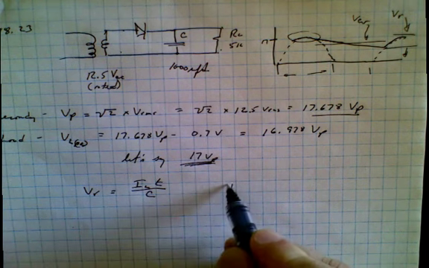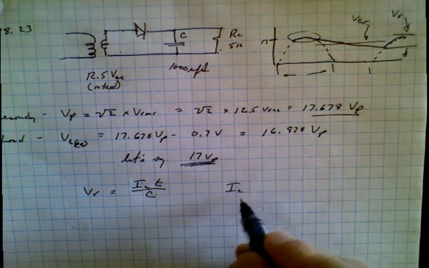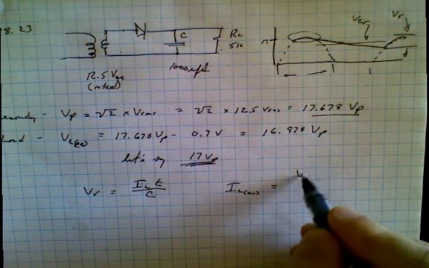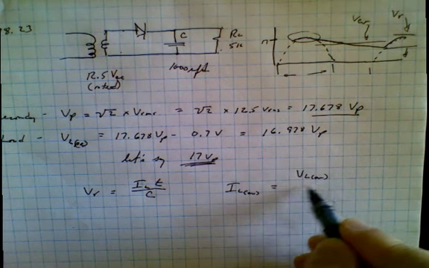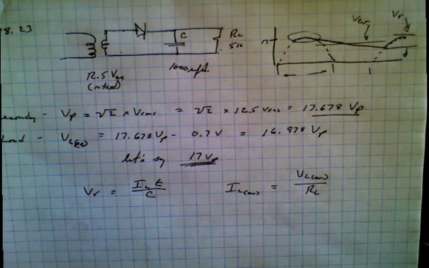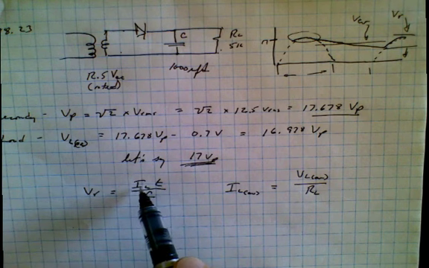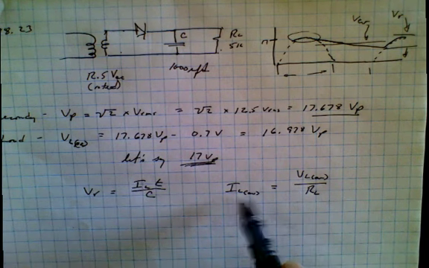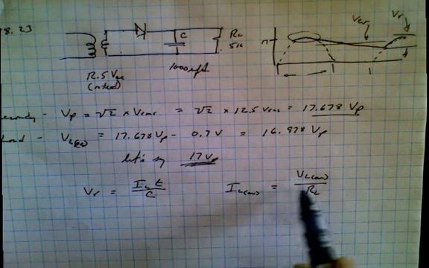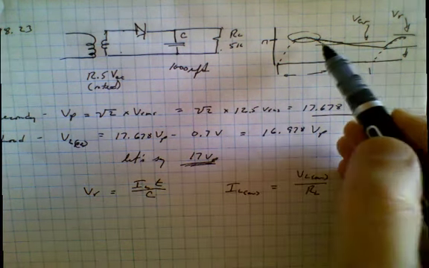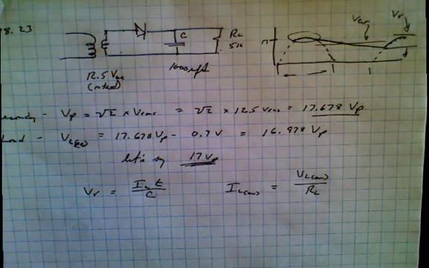Well, we know that the average load current is equal to the average voltage at the load divided by the load itself. So before we can use this expression, we have to find I, which we don't know. To find it we need the average load voltage, and we don't know that. But we do know it's going to be 17 or slightly less.